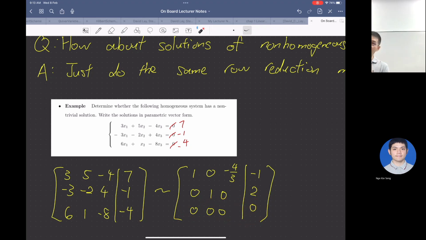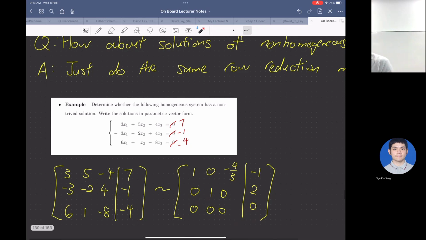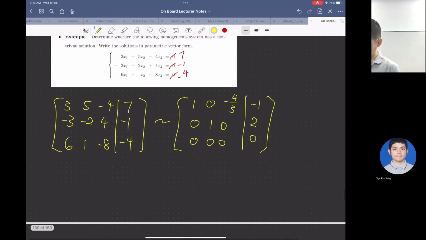And there's a free variable, so that means you have infinitely many solutions. How do you write down the parametric vector form in this case? We get x1 minus 4/3 x3 equals -1, x2 equals 2, and x3 is free.